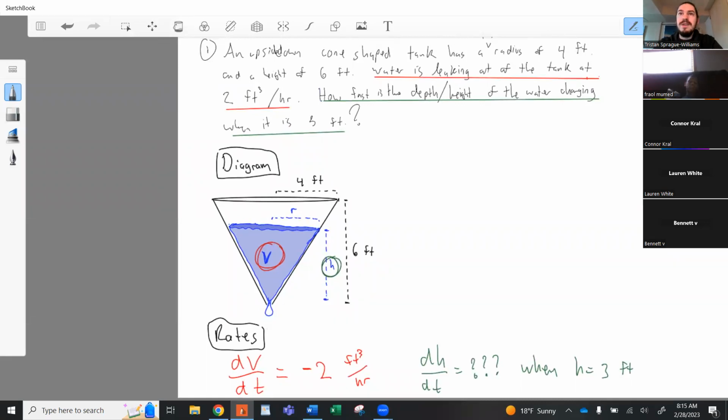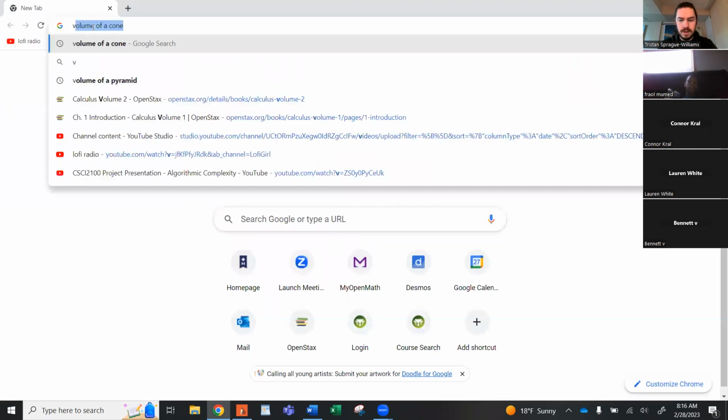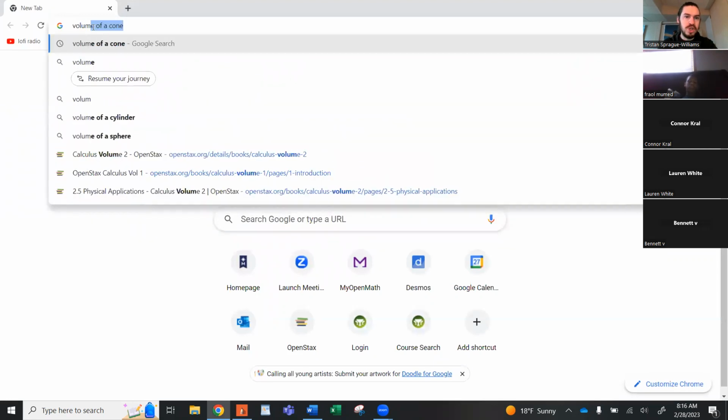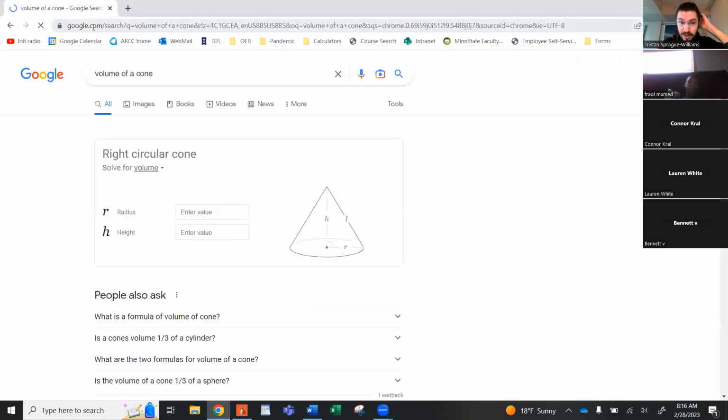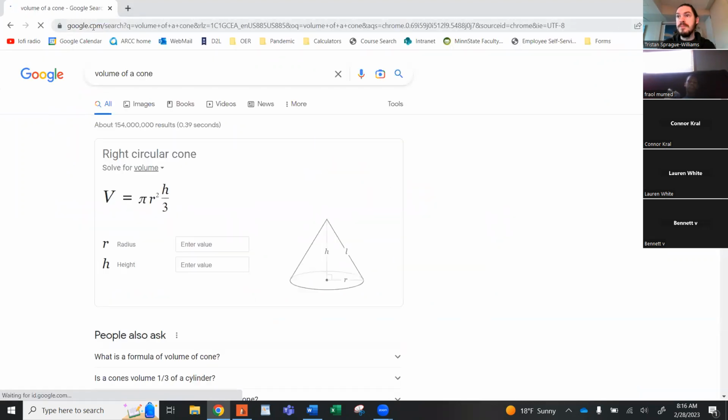Now, for this, we're going to need to look up a formula. We need to know a geometric formula here. There should be a geometric formula for the volume of a cone. So if you don't know a geometric formula and you need one, please feel free to look it up. You don't need to memorize all the geometric formulas.